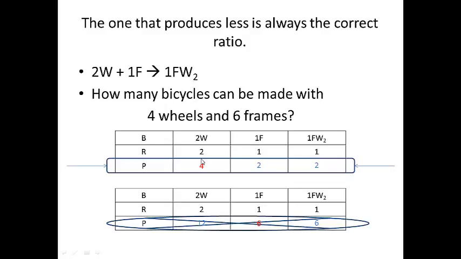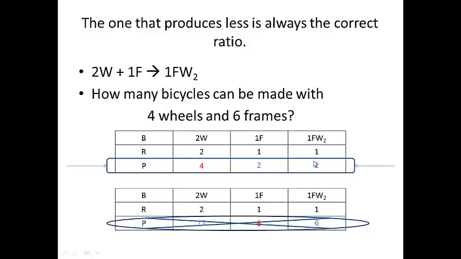So when we do this, we figure this out. We look at one of these two ratios is true, and since wheels are my limiting reagent, I'm going to be making the one with the fewer product here. So in the first case, A up here, we can make 2 bikes. In the bottom, we make 6 bikes.